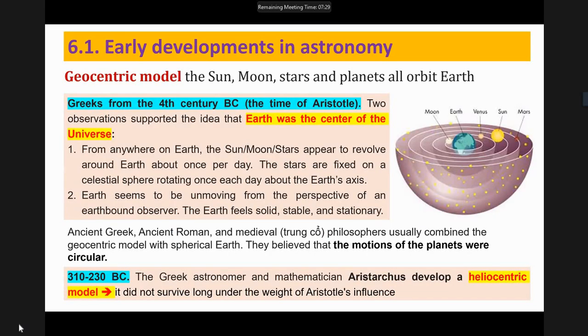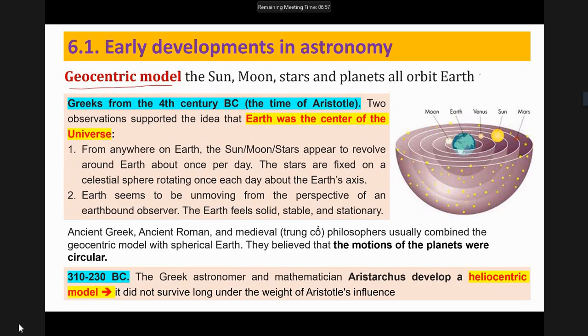This is the history of astronomy, some earlier models of astronomy. Because of the observation of the movement of stars in the sky at night, and the movement of the sun or the moon around the Earth, the ancient astronomers introduced the geocentric model.